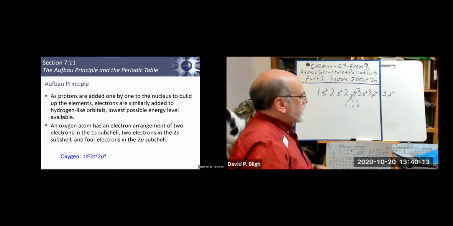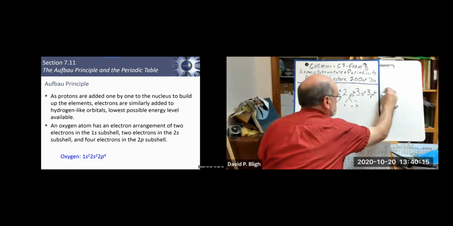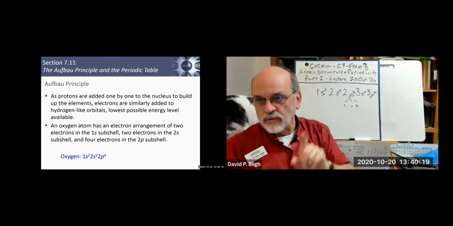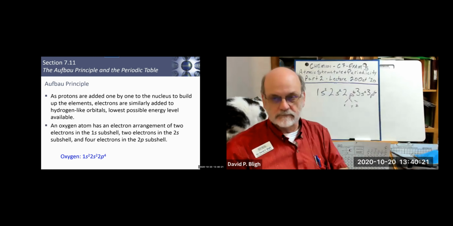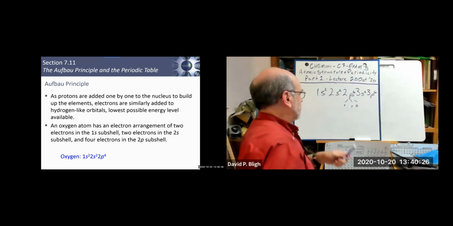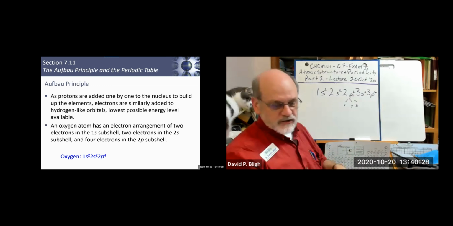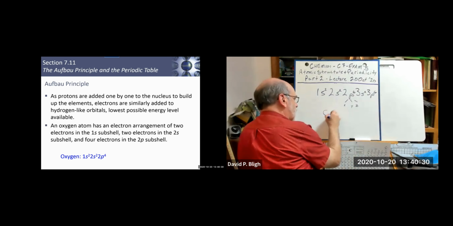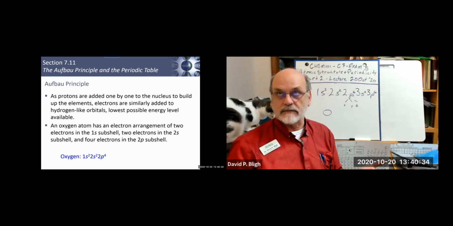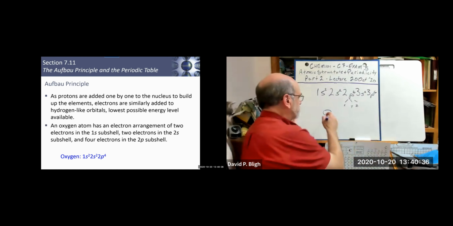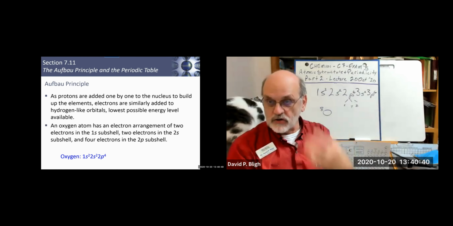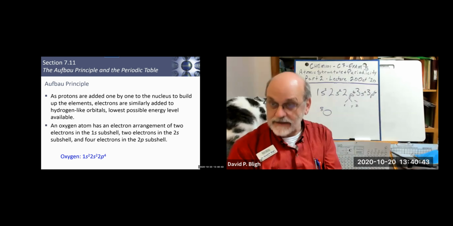Now, when would we have maximum in a P? Noble gases. That's when the P is completely filled. Okay, so let's go back to oxygen. Oxygen has a Z number of 8, I believe. 8 protons. So that means the ground state neutral atom will have 8 electrons.